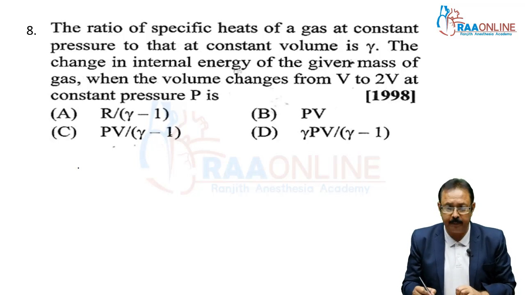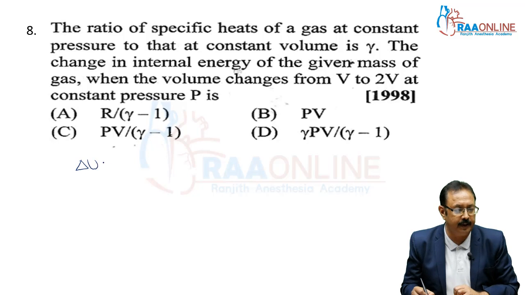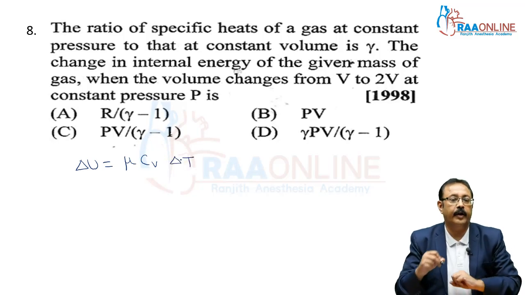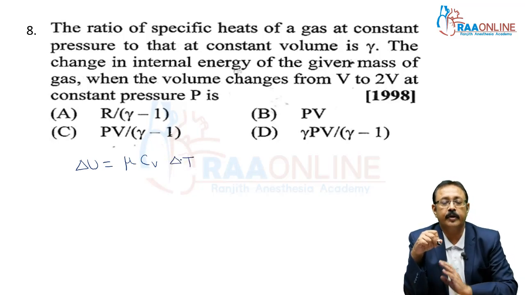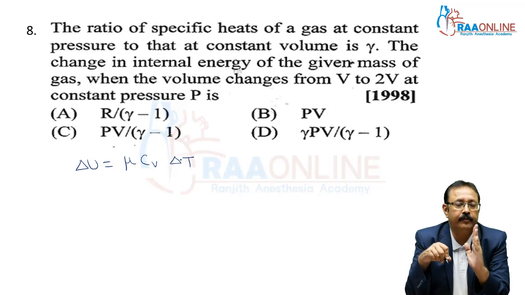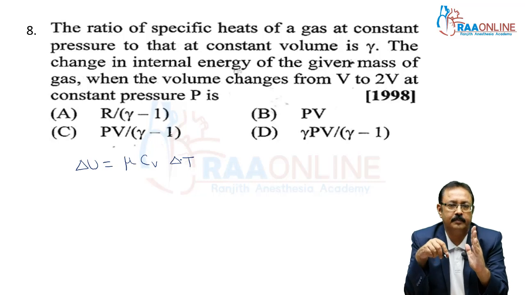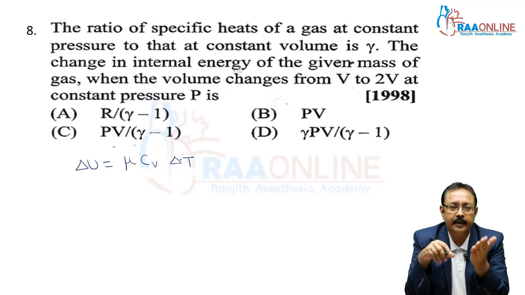what is the concept behind this? Change in internal energy is mu into Cv into delta T. Why are we saying this? Because at constant volume, whatever energy you are supplying to the system is only utilized in increasing the internal energy.